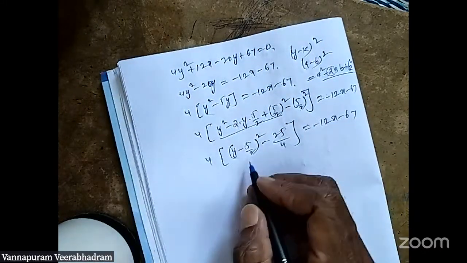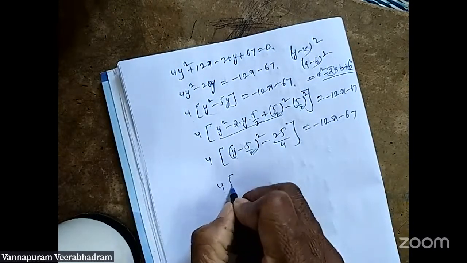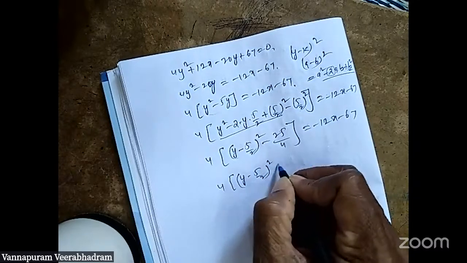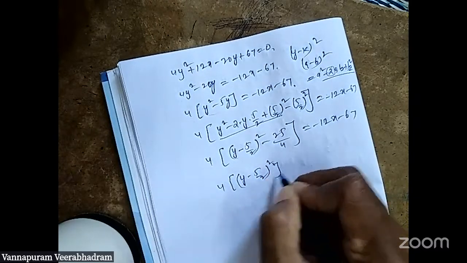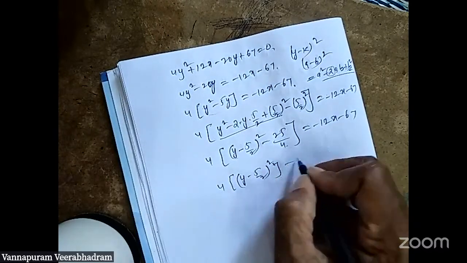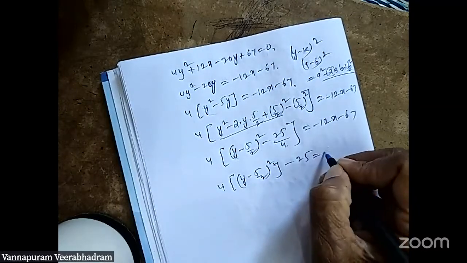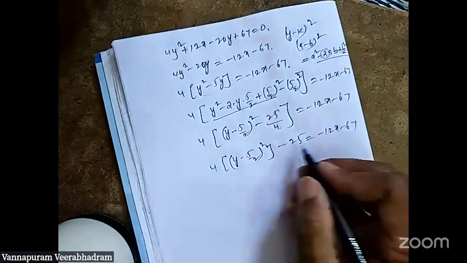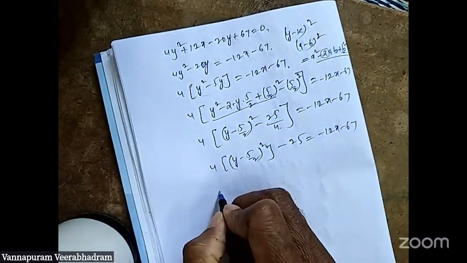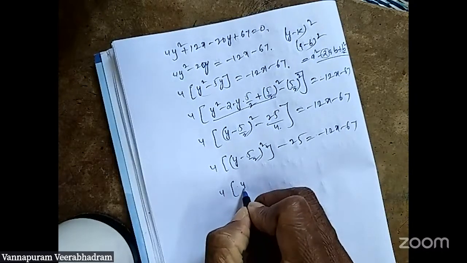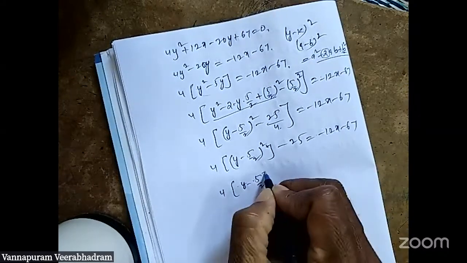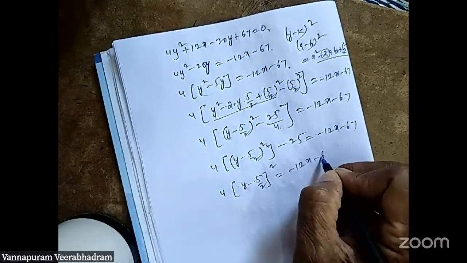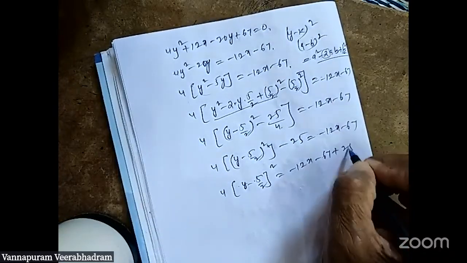Now multiply 4 inside: 4 into y minus 5 by 2 whole square minus, here 4 will get cancelled, that is 25, which is equals to minus 12x minus 67. So take minus 25 to the right side: 4 into y minus 5 by 2 whole square is equals to minus 12x minus 67 plus 25.